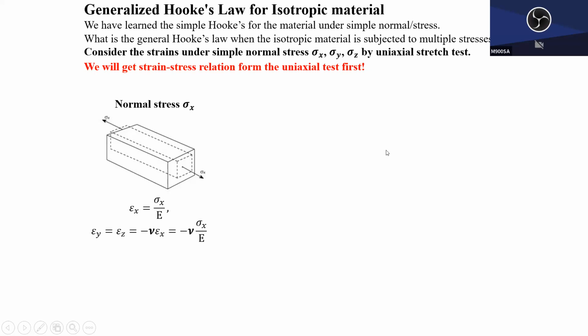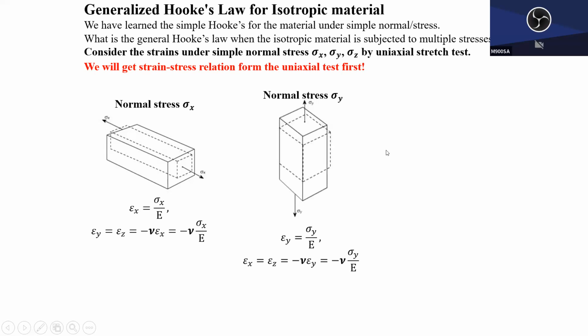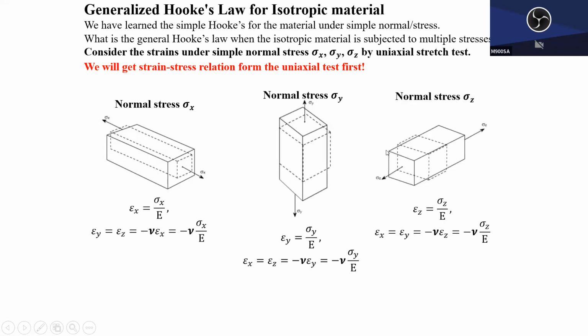Fortunately, we don't need to apply 3D forces onto the object. We just need to do simple 1D testing each time. Applying stress in the X direction, stretch this way, it shrinks in the X, Y and Z directions, Poisson's ratio kicks in. Repeat the same thing for the Y direction, Z direction, right? Then you have basically collected most of the information.